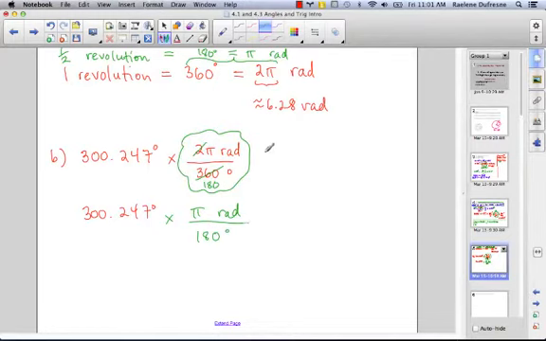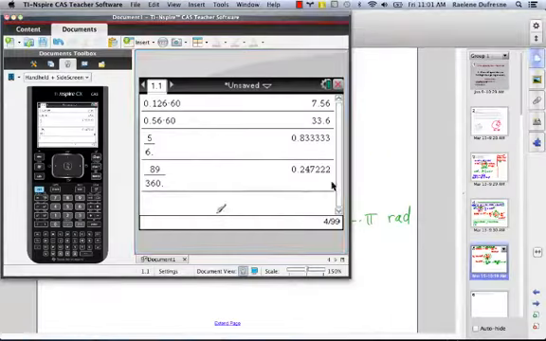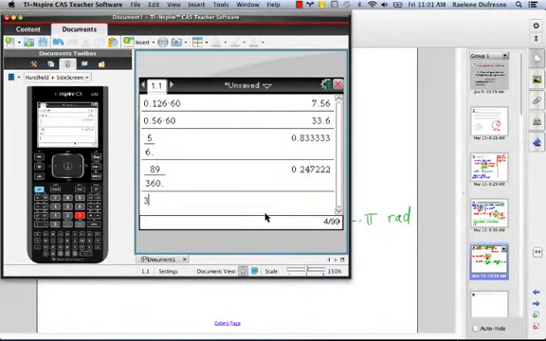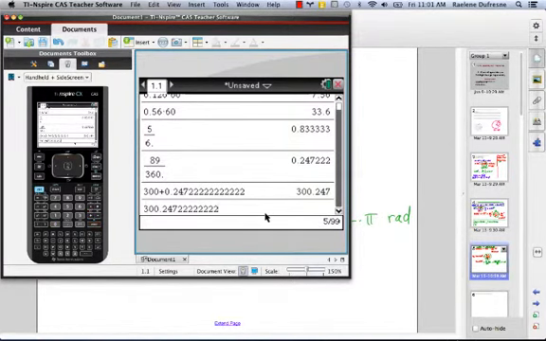And if we do this, we will really need a decimal or a calculator. So we're going to get 300.247 divided by 180 multiplied by pi number of radians. Again, the degree symbol will reduce, and if we calculate this with a calculator, if we approximate it, we can take our previous answer plus 300, so 300 plus this number, and then we can take that quantity, multiply it by pi, and divide by 180.